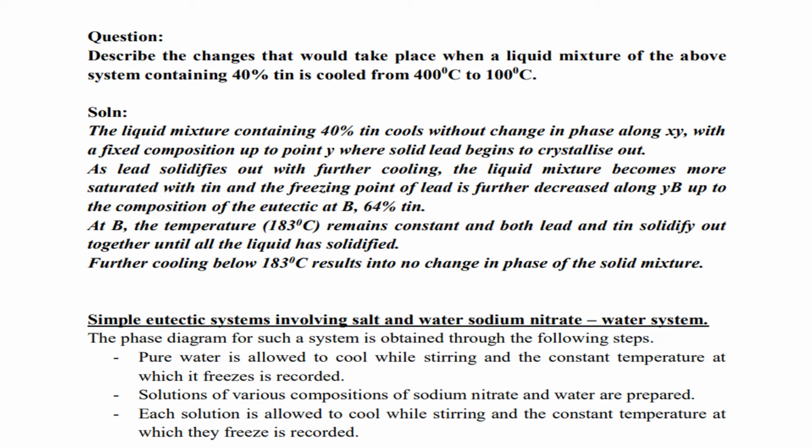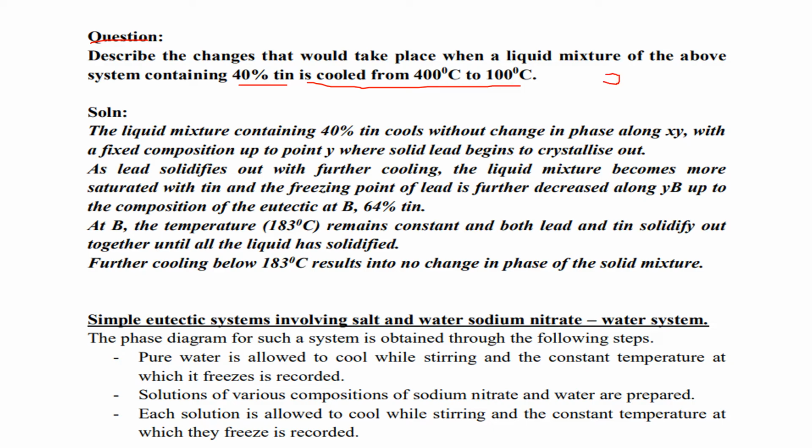Here we are presented a simple question: describe the changes that will take place when a liquid mixture of the above system containing 40% tin is cooled from 400 degrees Celsius to 100 degrees Celsius. If you go back to that diagram, that's what I explained.